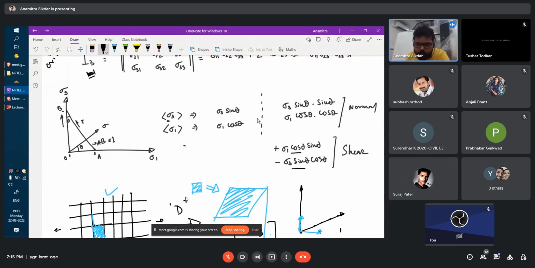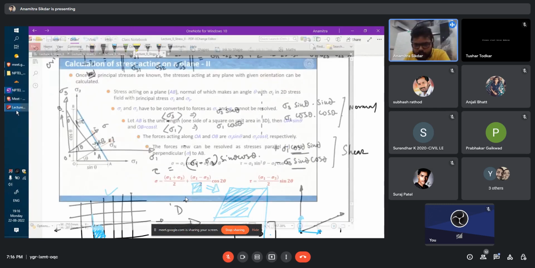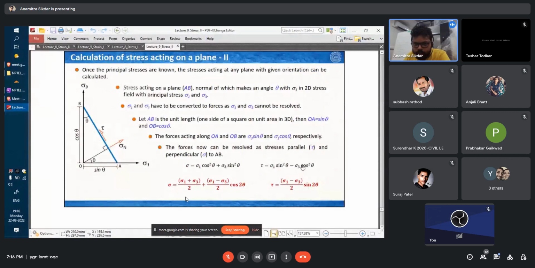Yeah, this is the correct one: the equation will be sigma 1 minus sigma 3 into sine theta cos theta, right? For the shear stress tau, this will be the correct answer. Only this line is wrongly written here, nothing else. Everything else is all right.